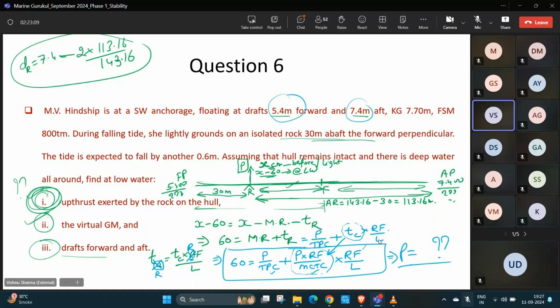If anybody wants to take the screenshot, you may take so. Then I'll show you the working. And once we get P, the remaining two parts of the questions you can do. Remaining two is not an issue. Issue is only getting P.